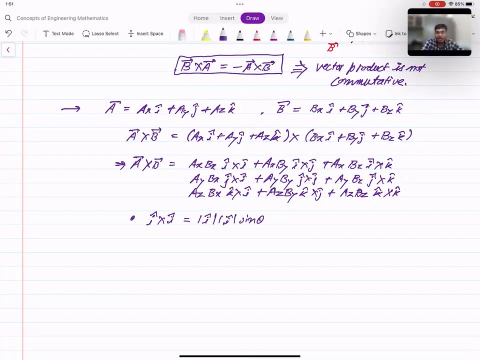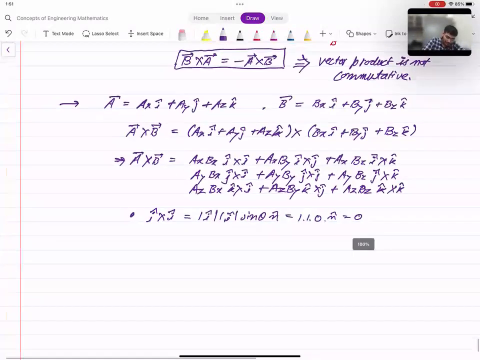These are two parallel unit vectors, so the magnitudes are 1 and 1, and the angle between them is 0 degrees since they are parallel. Here sine 0 is 0. In the case of dot product it was cos 0, which gave 1, but here sine 0 is 0. So 1 into 1 into 0 into anything will be 0 only. So this gives us 0.